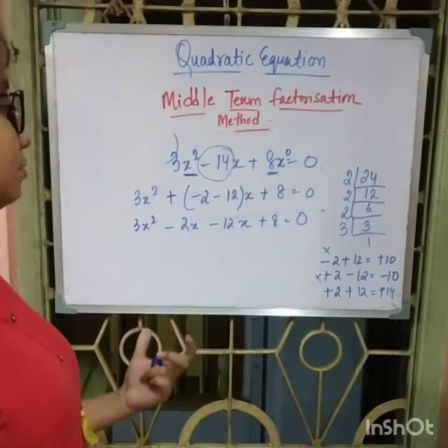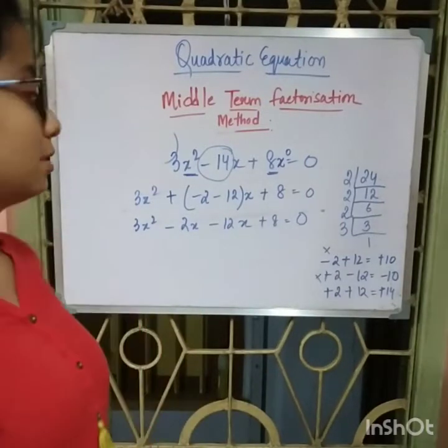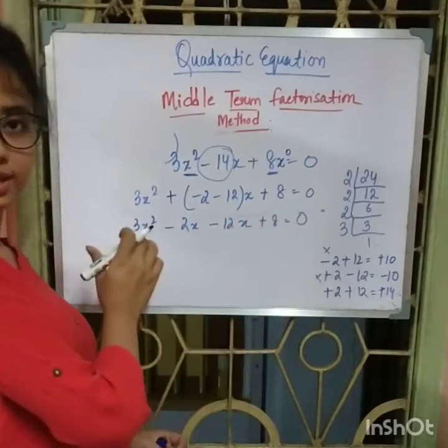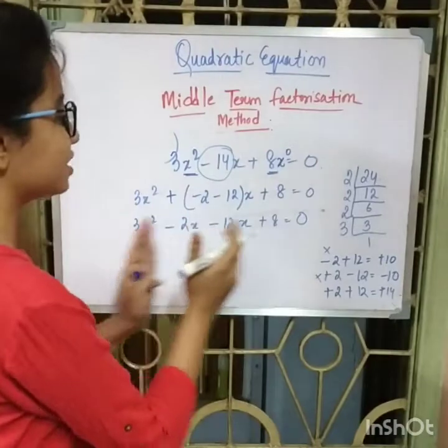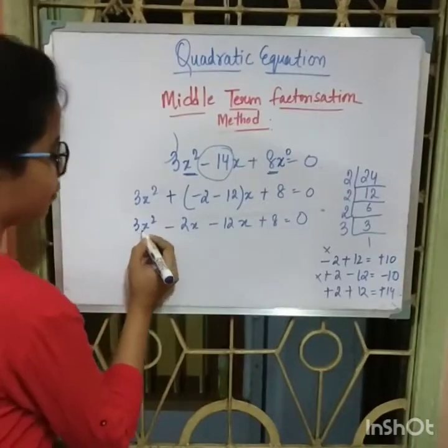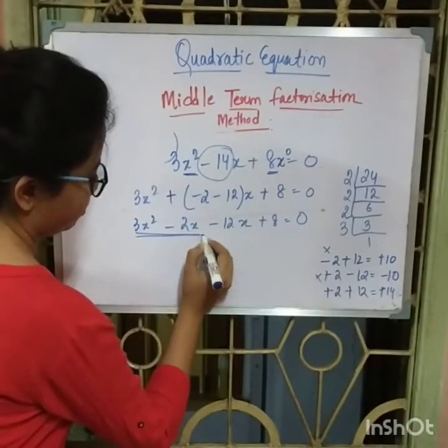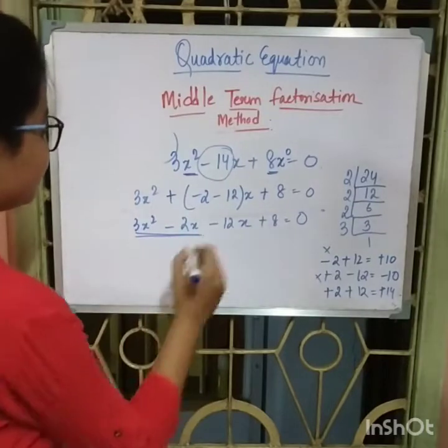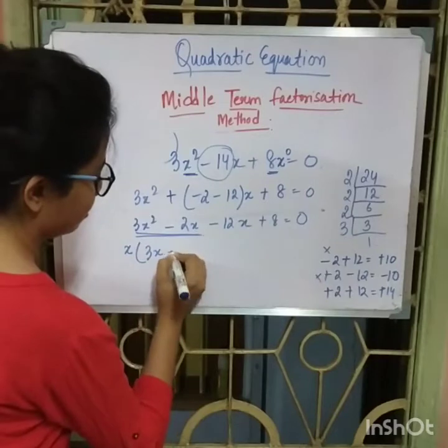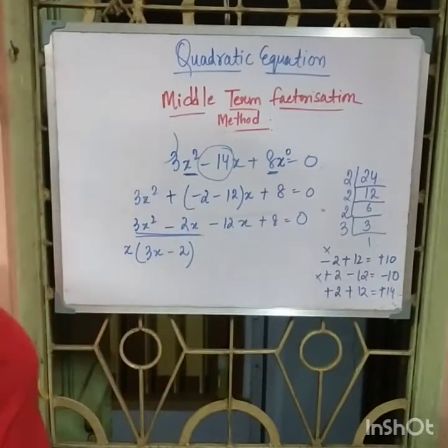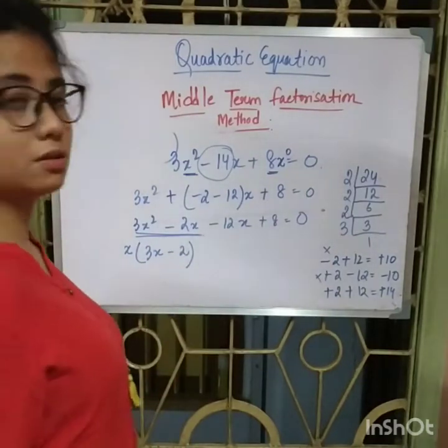So now we need to take common, not from the whole thing, but from half of its contents. Like here, from these two parts, what we can get common is x. Let's take x common. Then 3x minus 2 is what remains.